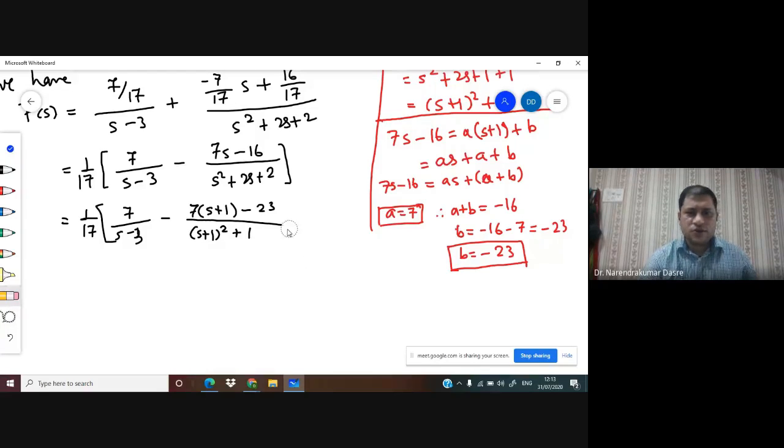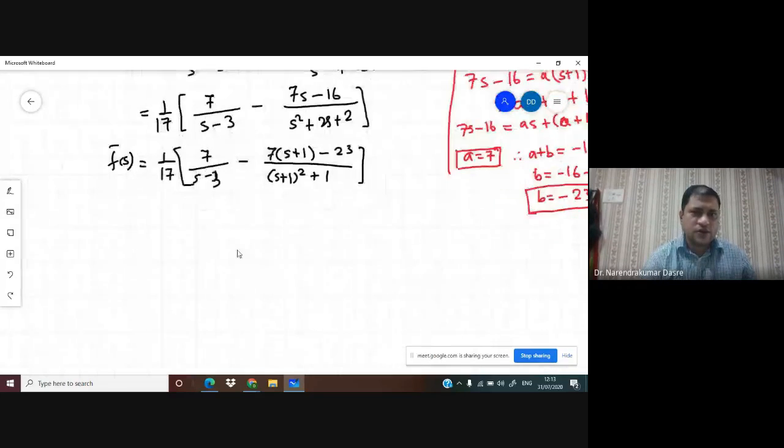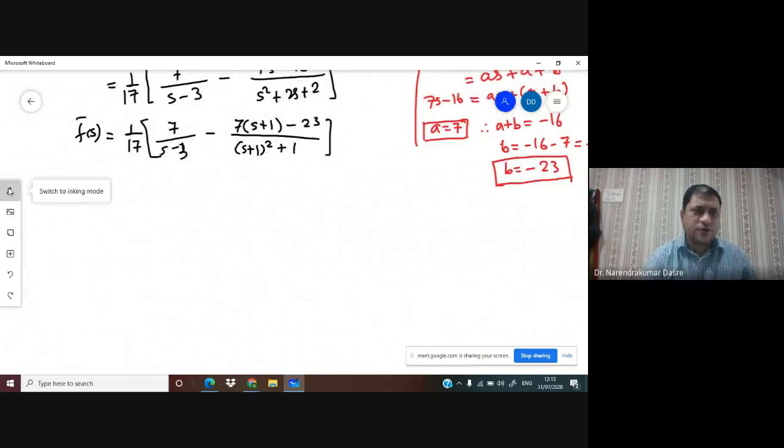That's what we have. Now this is the simplest form of f bar of s, so we are able to find the inverse Laplace transform now.